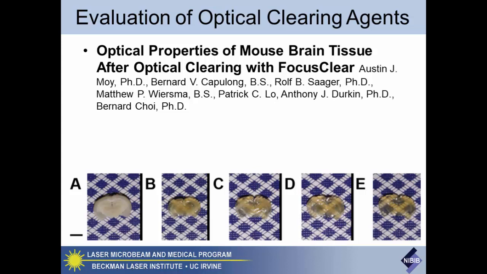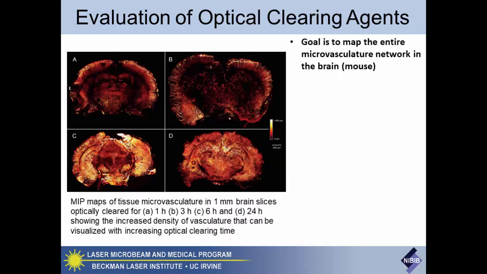So here's just one example of the density of microvasculature you can see in cleared tissue. This is using a dye before the rat dies to tag all the different vessels, so you can look at it under fluorescence.